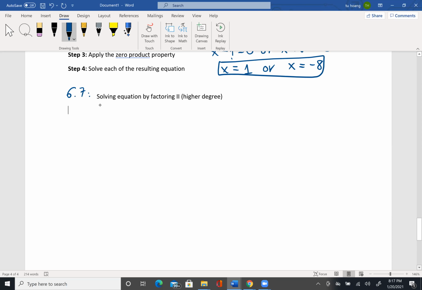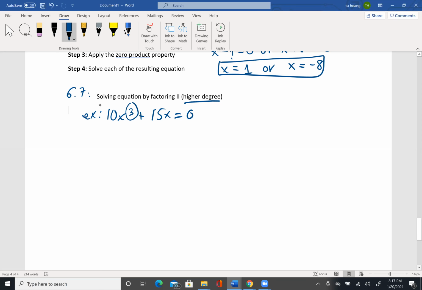So for example, 10x cubed plus 15x equals 0. Look, now you don't have the trinomial at all. You don't have quadratic form, right? The highest power right now is number 3 over here. That is a higher degree than number 2, right?